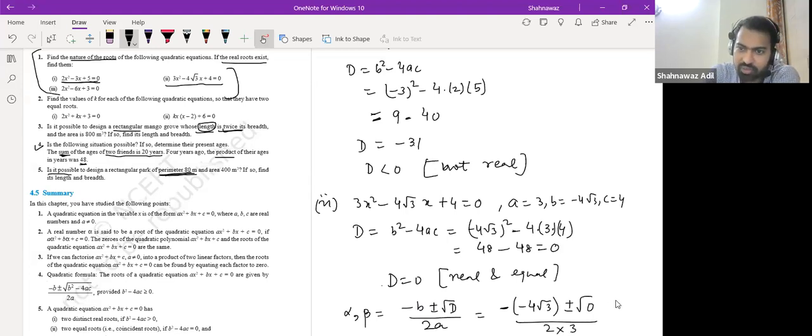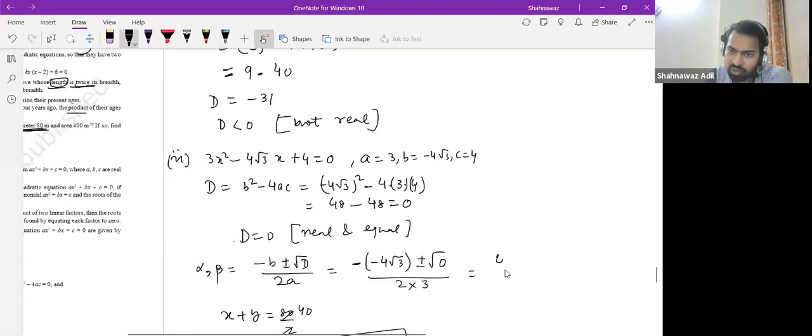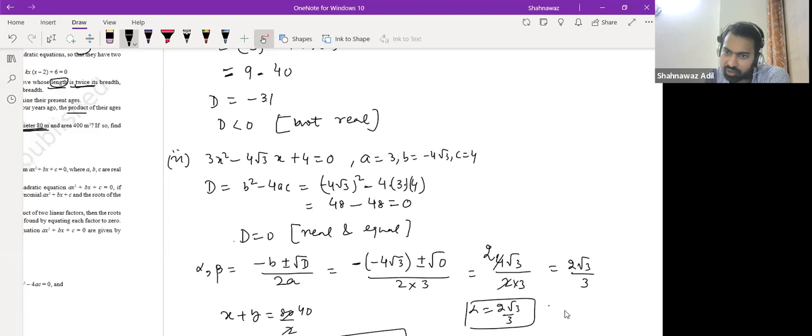So this would be simply 4 root 3 divided by 2 into 3. So 2 root 3 by 3. Right. So alpha is 2 root 3 by 3, and beta is also 2 root 3 by 3.